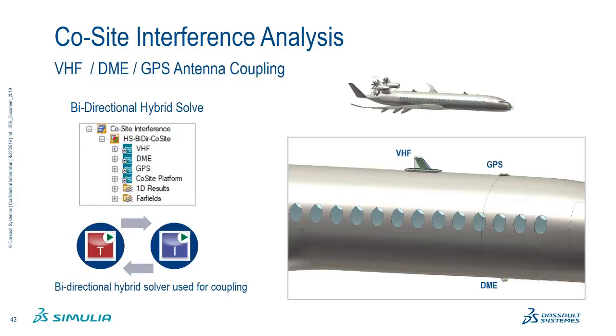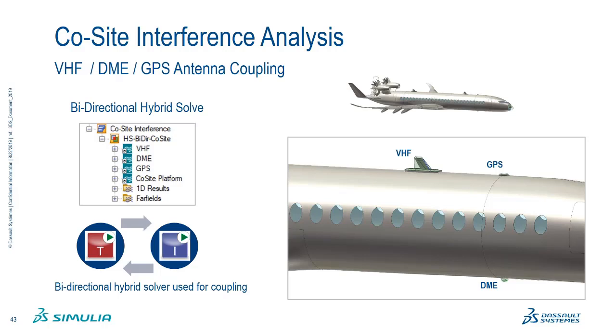So for the coupling or isolation analysis, we need to either use a single solver to capture all the interactions or a bidirectional hybrid approach. Fine frequency resolution is important for this kind of co-site interference analysis to capture coupling for all the harmonics of the radios.